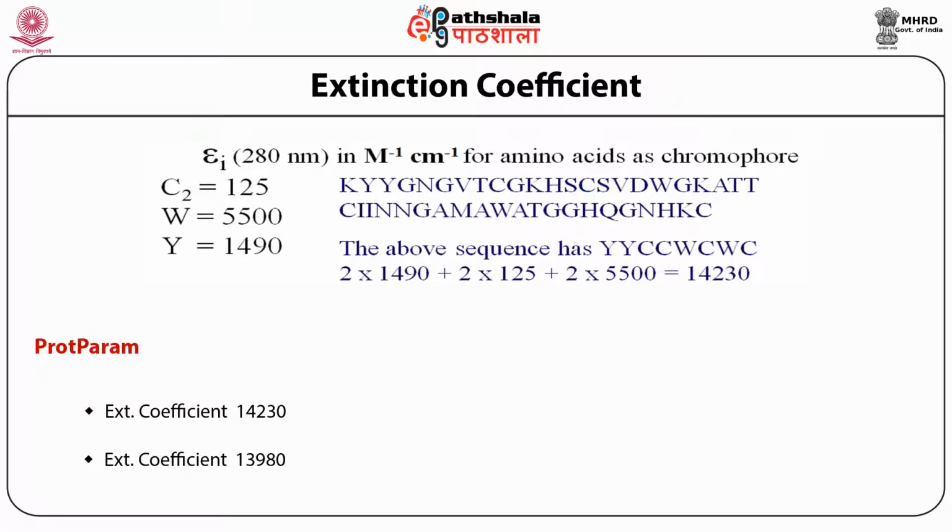For each disulfide bond, molar absorption coefficient of 125 is added. Similarly, for tryptophan residues, molar absorption coefficient of 5500 is added. And finally, for tyrosine, 1490 is added.